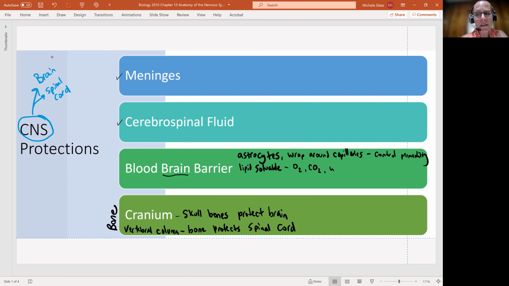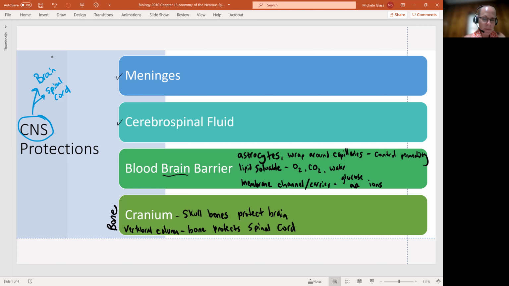Water, remember, is not actually lipid soluble, but it's such a teensy tiny little molecule that it can squeeze through at a kind of slow rate, but it moves through the phospholipid bilayer. And then anything else is going to have to go through a membrane channel or carrier. And so this is going to be our nutrients like glucose, amino acids, and then ions, because they have a charge there, right?